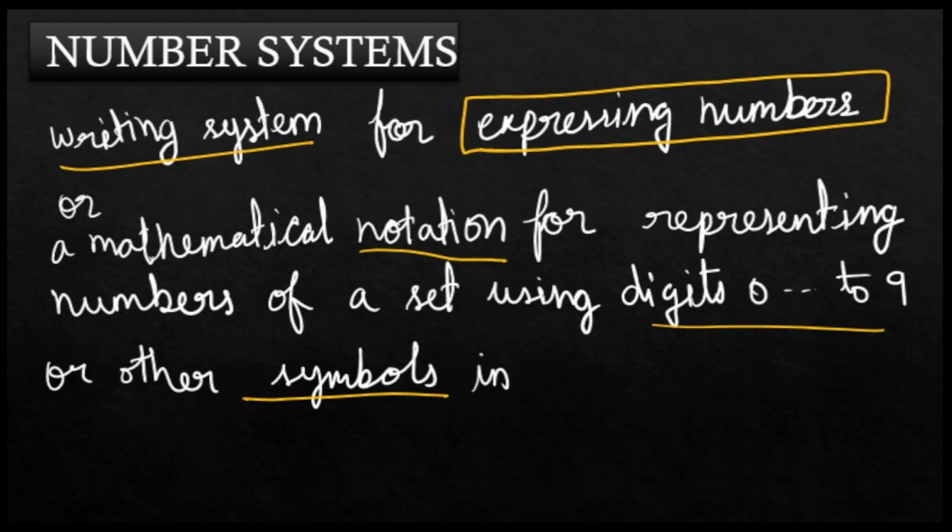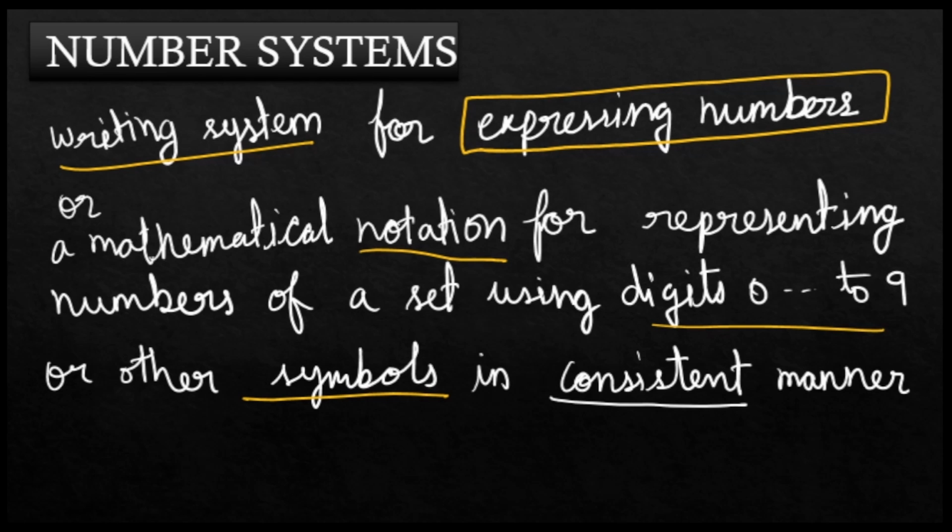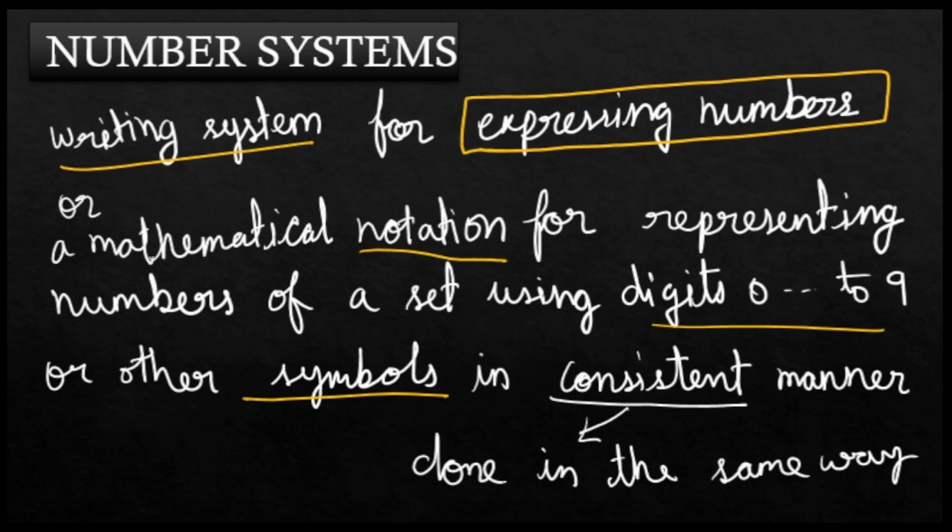So this mathematical notation uses digits or other symbols in a consistent manner. And what is consistent? Done in the same way over time. That means you are writing these symbols, these digits again and again and in the same way. So this is a consistent manner.